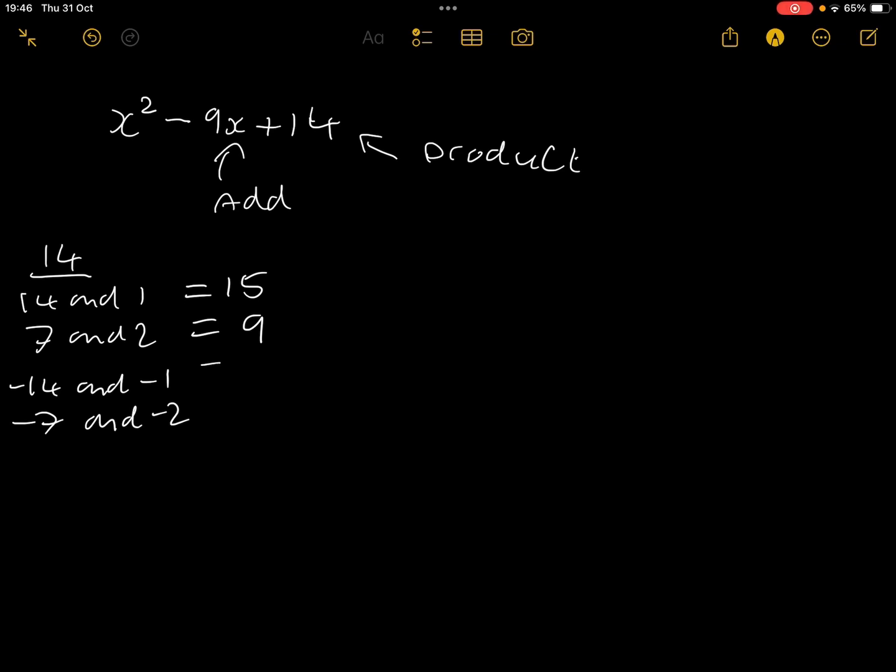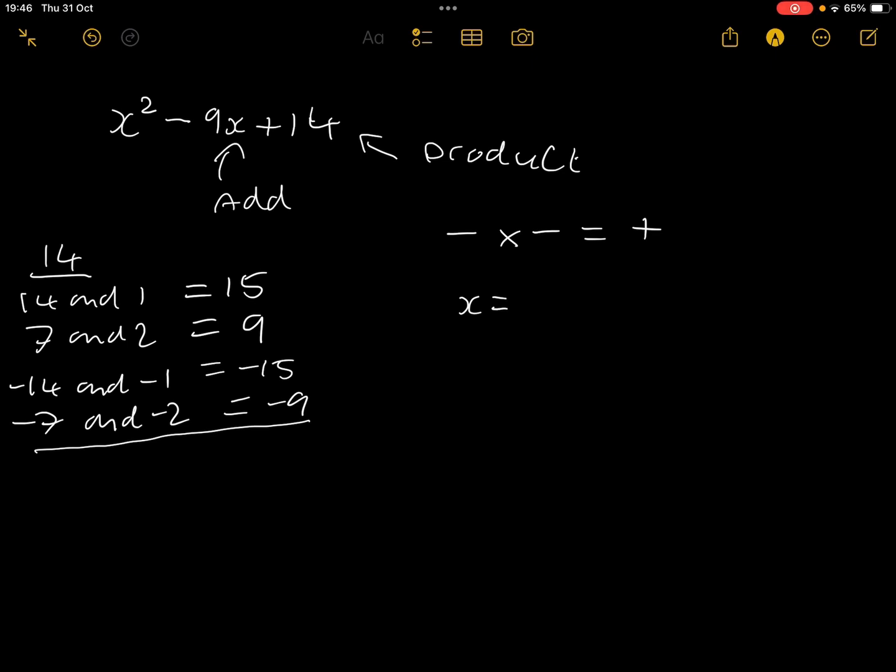Because remember, the key thing to remember is that two negatives equal a positive. So if we go through all these, the only one that hits the number before the x, which hits both of these, is the bottom one, minus 7 and minus 2. So now we technically have our two factors.